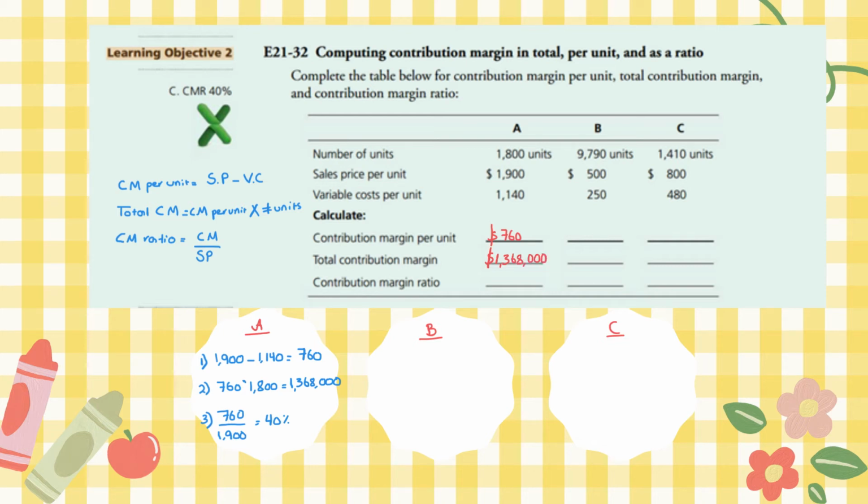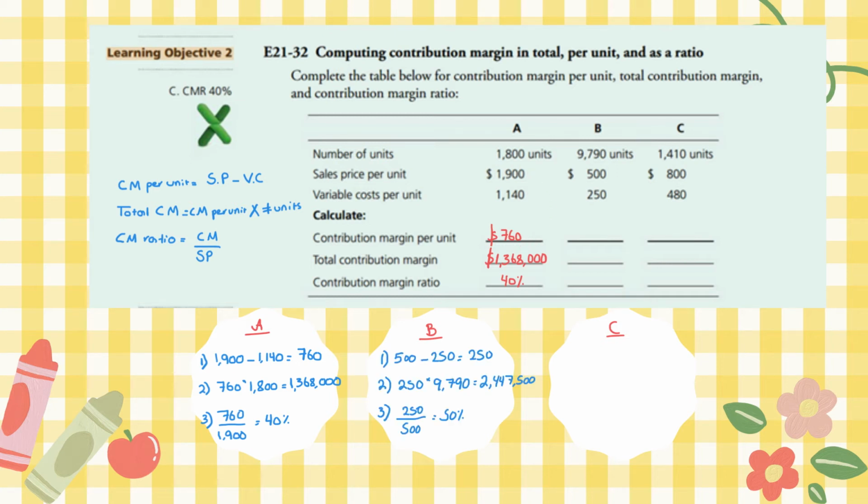For the contribution margin ratio, it's going to be contribution margin divided by sales price, or total contribution margin divided by total sales. So I got 40%. Okay, that's contribution margin per unit divided by the sales price.